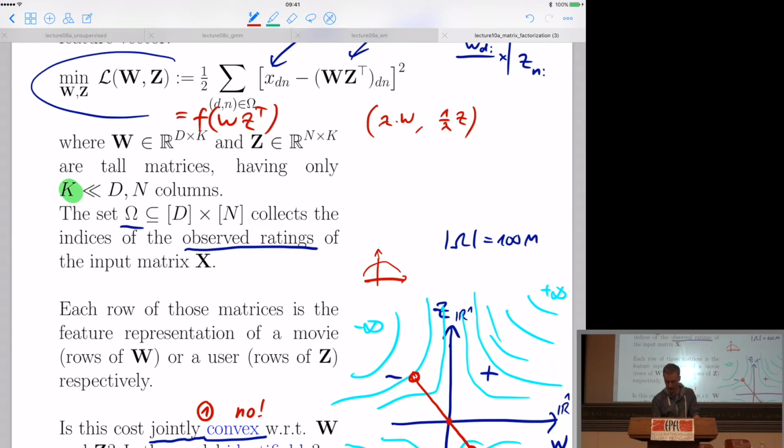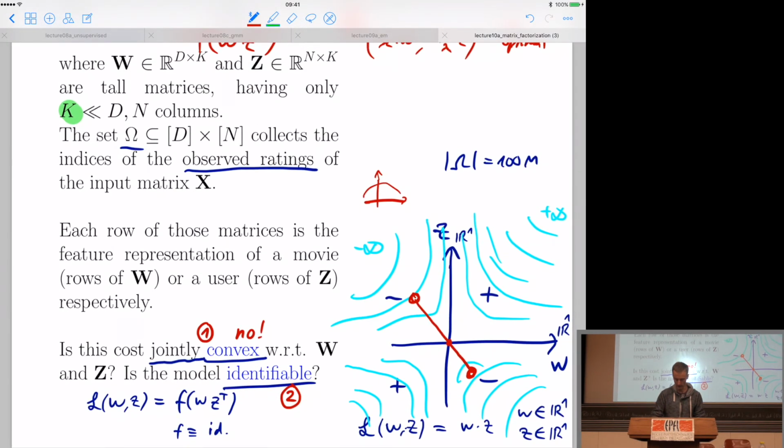So that is also optimal. Whenever you have a solution, you can scale one of the matrices by 1,000 and multiply the other by 1/1,000. So the product is completely unchanged. But the W's and the Z's have changed massively. So it's very non-identifiable.